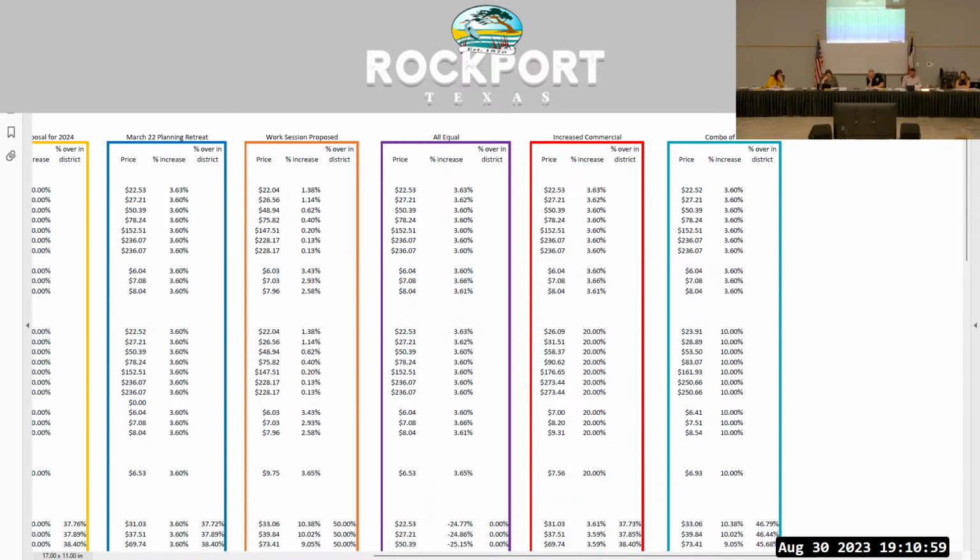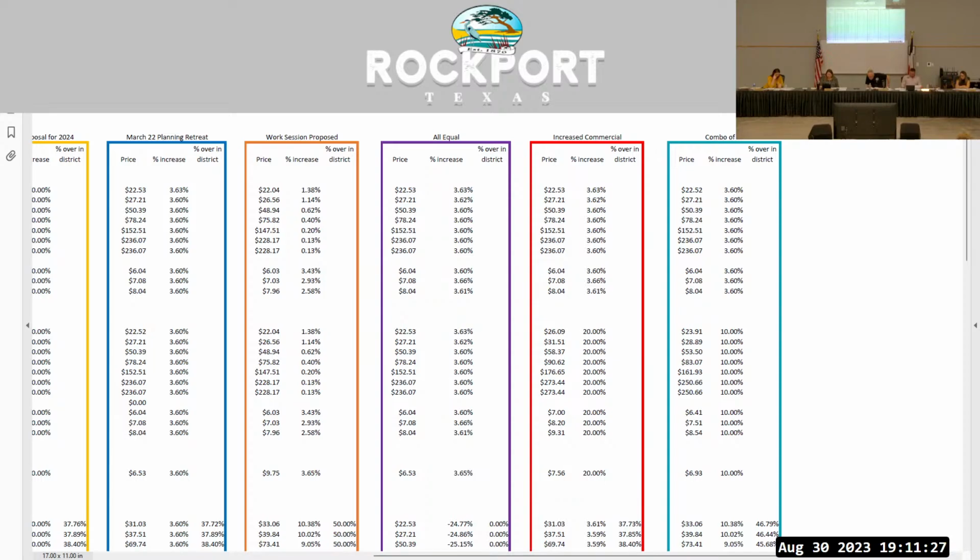I guess we could do the mix down here. I'm not comfortable in that mix number though. I'm comfortable in the combo number. What's the issue with the mix? No, it decreases it. I guess it's just, again, the uses in the outside residential.